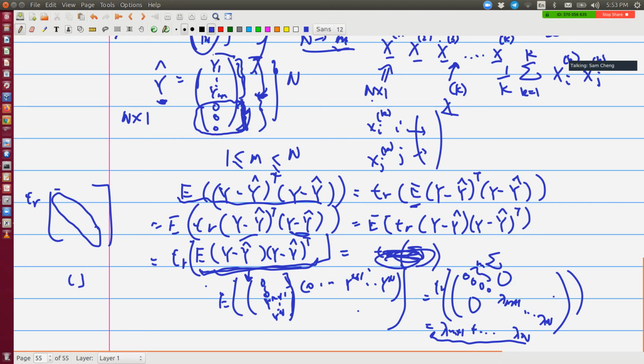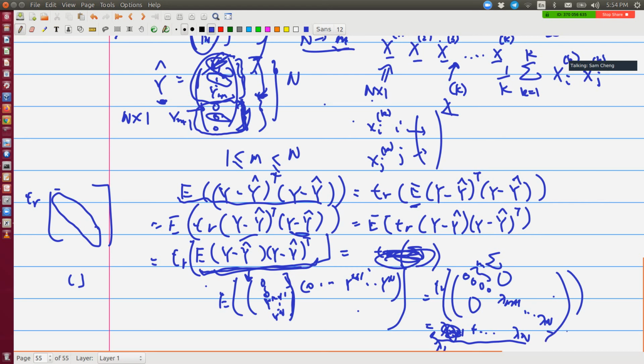So I should keep the first m, because the first m will give me the minimum expected error. For example, if I remove y1 and keep y m plus 1 here, then my error will become lambda 1 plus lambda m plus 2 up to lambda n.